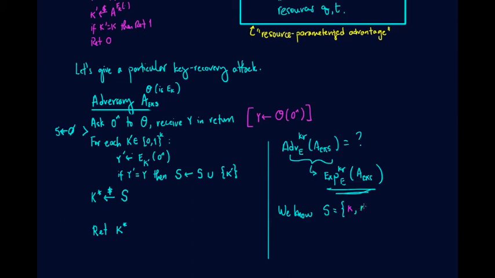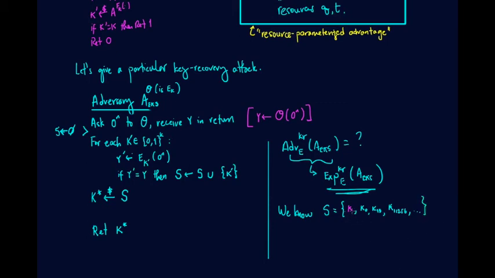There's, I don't know, some K0 and some maybe K15 in some enumeration of the keys, maybe K11256 is in here, and so on. There's some number of keys that are in here.